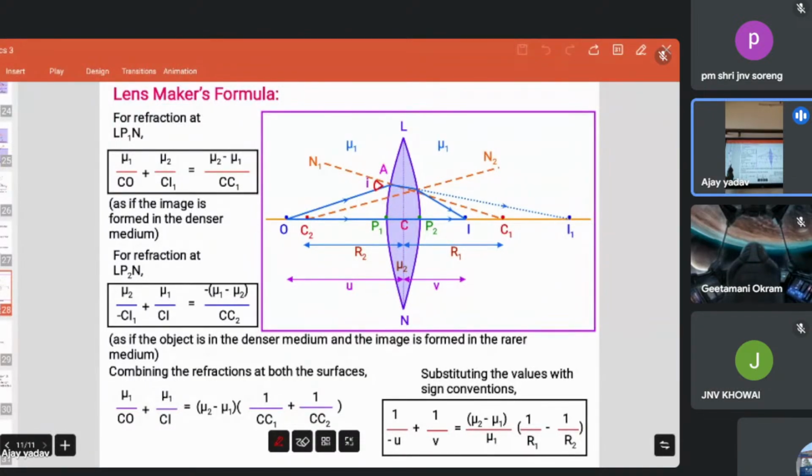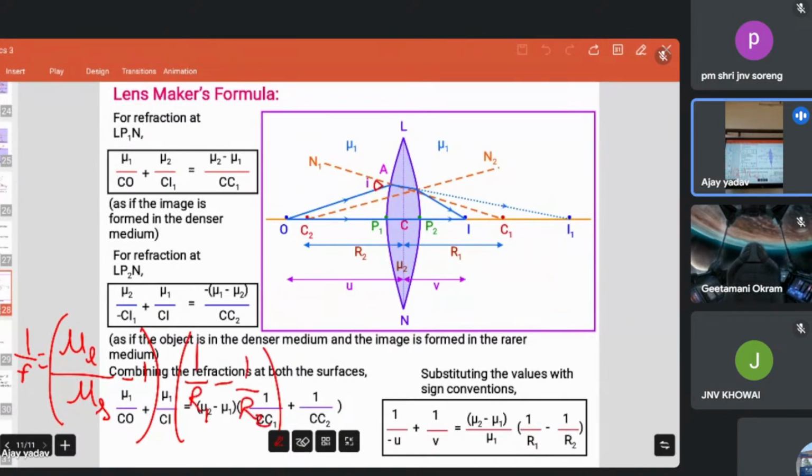Lens maker formula is 1 by f equals refractive index of lens upon refractive index of surrounding, minus 1, into 1 by r1 minus 1 by r2. Surrounding means the medium in which the lens is present.